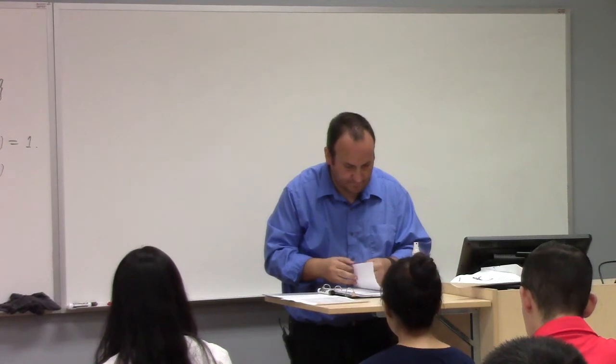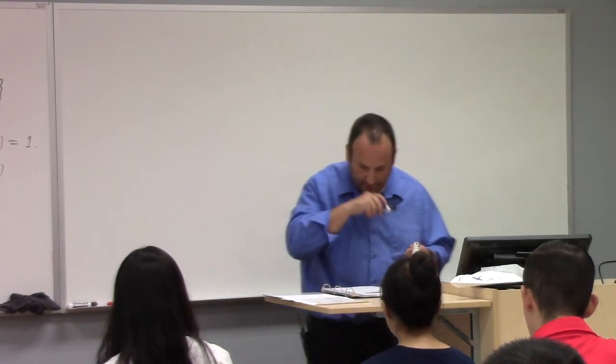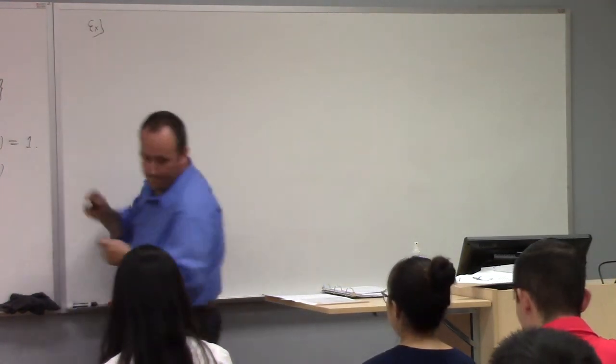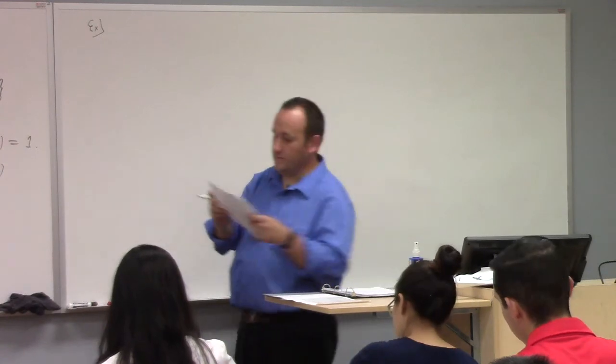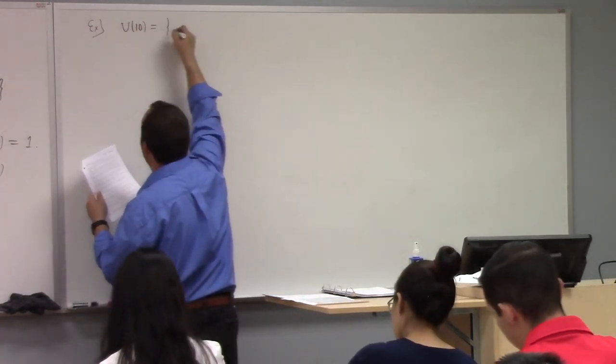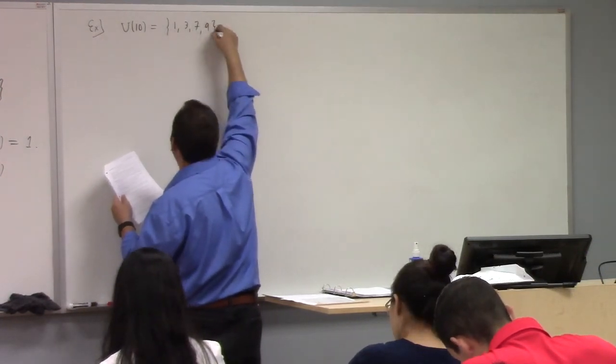Let's see here. Example. U10. What is the group of units? 1, 3, 7, and 9, right?